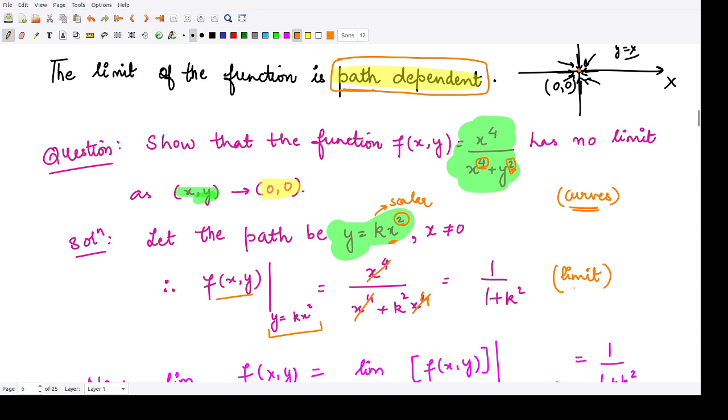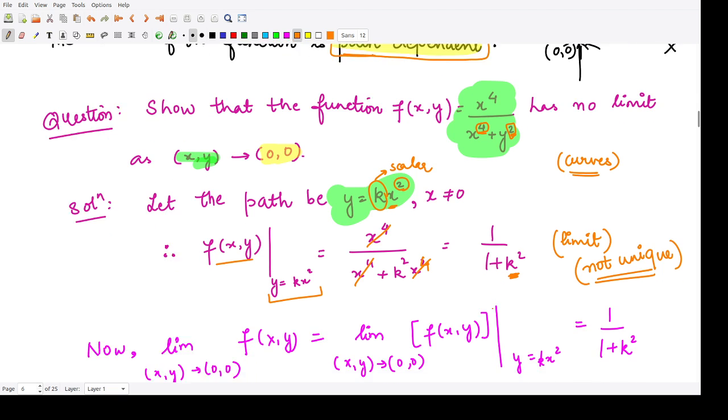Now this limit depends upon the variable k, so that means it will change as soon as you change this variable k. So that means the limit is not unique. If this is not unique, then we will say that the limit of this function would not exist because it is dependent upon this number k here.